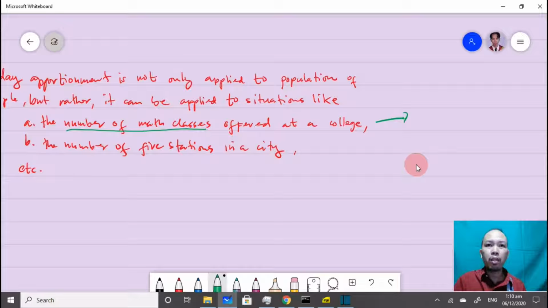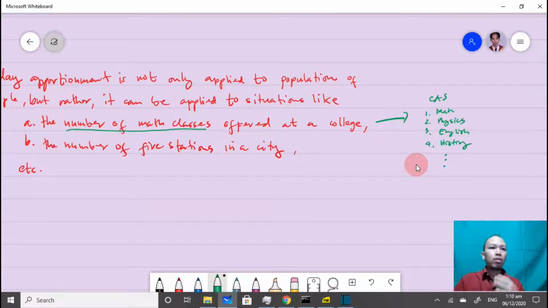For example, we have CAS, the College of Arts and Sciences, and suppose there are how many departments? Maybe we have the math department, physics department, let's say English department, and history department, and so on and so forth.